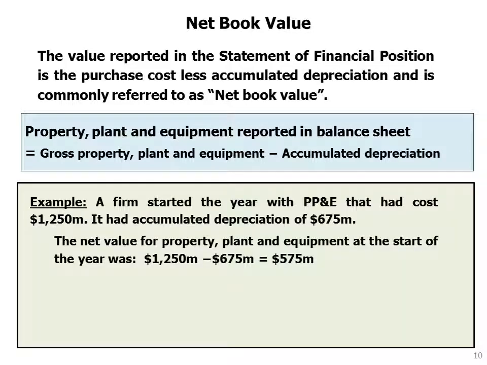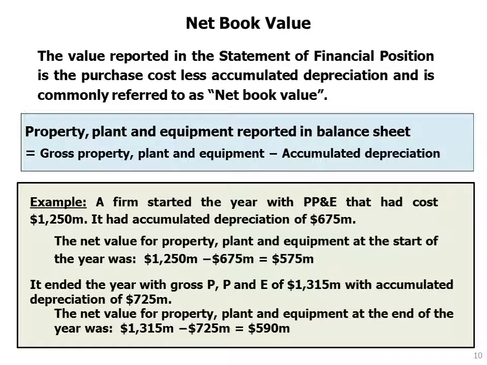So let's finish off our example. It started the year with PP&E that cost 1,250, with accumulated depreciation of 675 million. The net value for property, plant and equipment at the start of the year was the gross value of 1,250 less accumulated depreciation of 675. The net book value was $575 million.